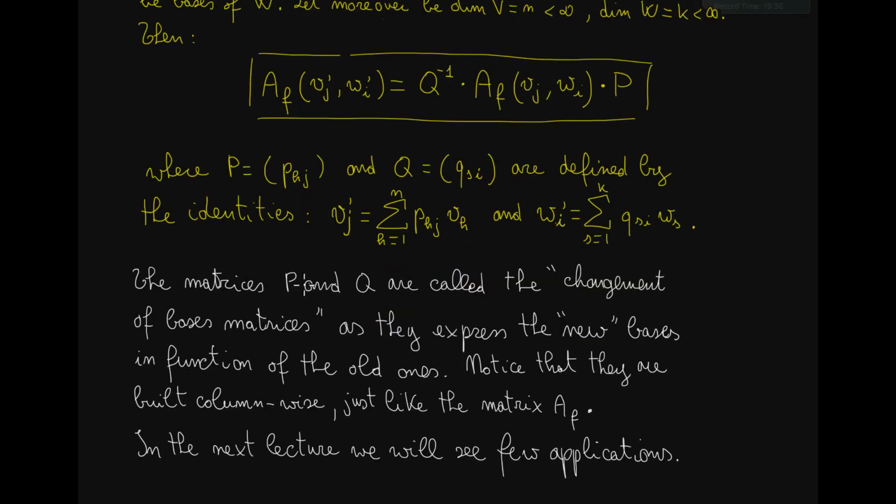The matrices P and Q are called the change of basis matrices, as they express the new bases in function of the old ones. Notice that they are built column-wise, just like the matrix AF, the associated matrix to the homomorphism F. In the next lecture, we will see a few applications.